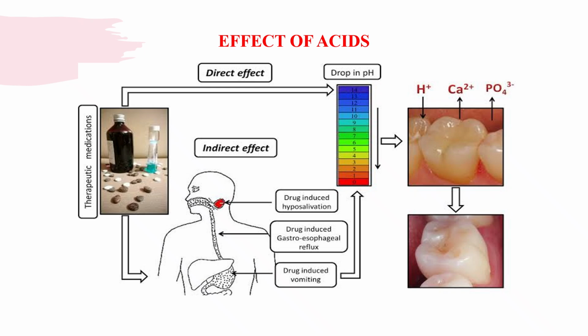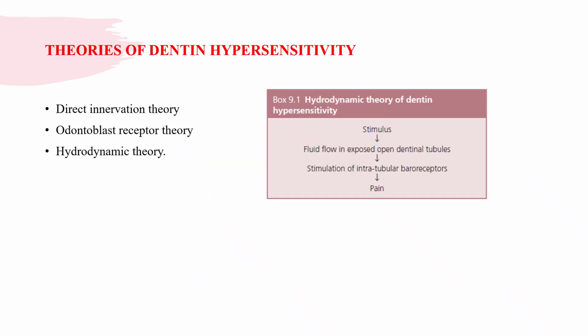There are drug-induced gastroesophageal reflux disease and also drug-induced vomiting. Gastroesophageal reflux disease brings acids produced from the stomach to affect the lingual surfaces of the teeth. So thus we can see more erosion of enamel on the lingual surfaces of the teeth.